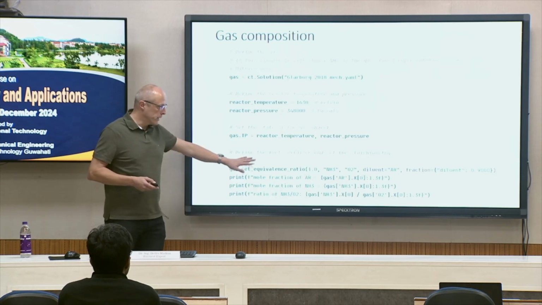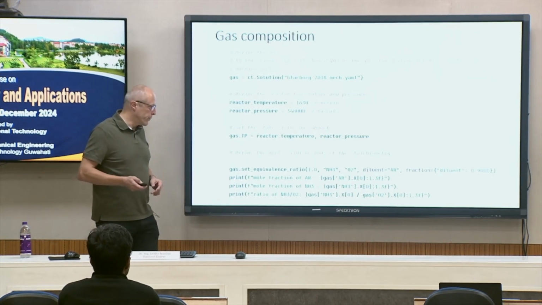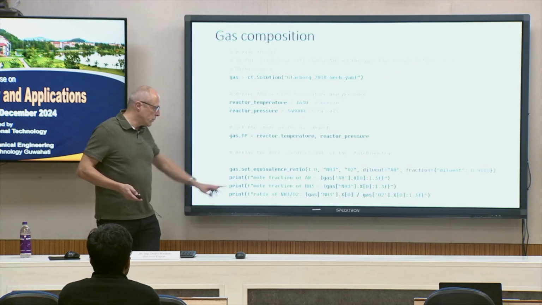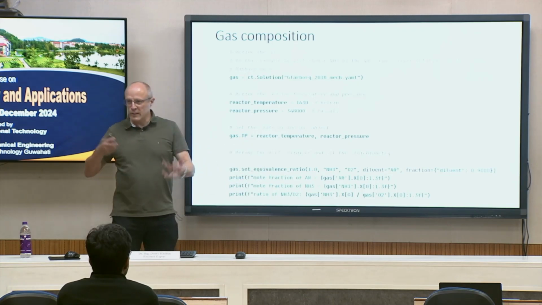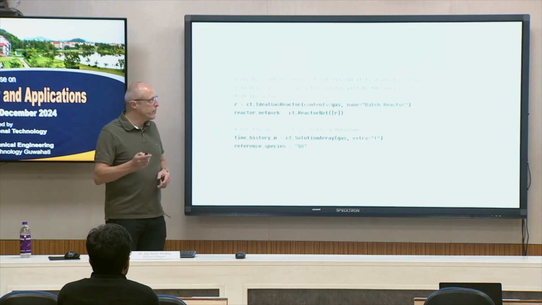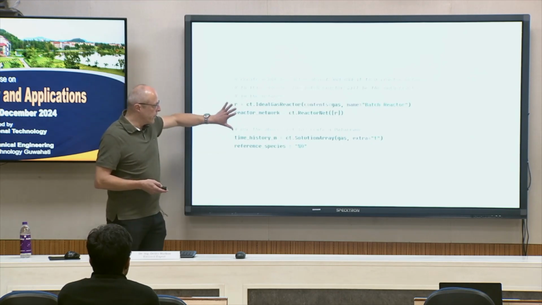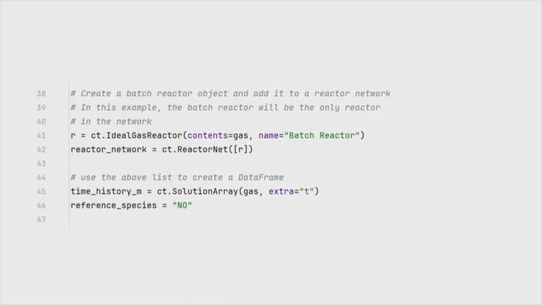Everything again is calculated automatically for us. Then here I have the output for some of the results, just to double check that everything is correct. And then I start my calculation, and get again the time history of all species and temperature and so on. In this case, the reference species is nitric oxide, not OH as in the example before.